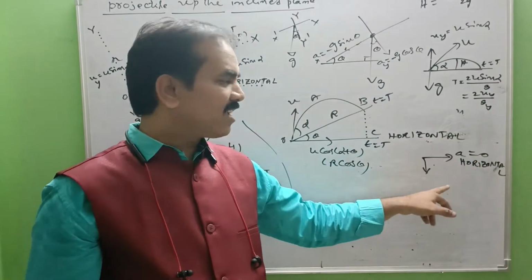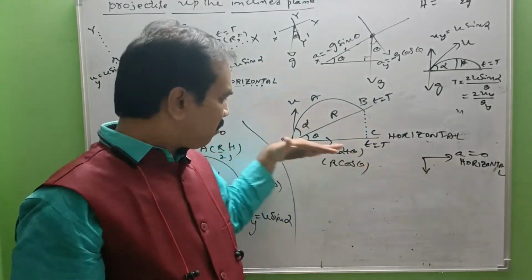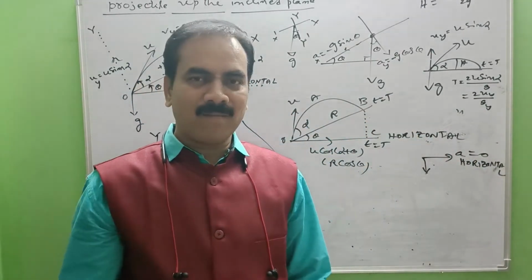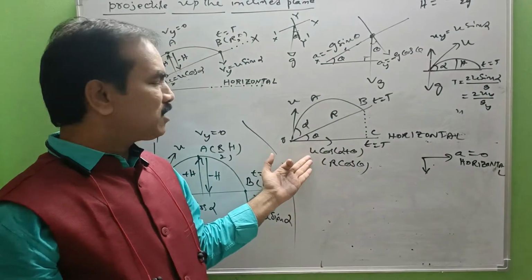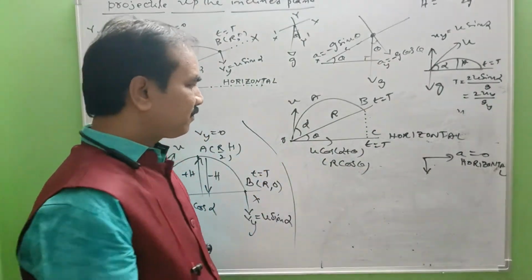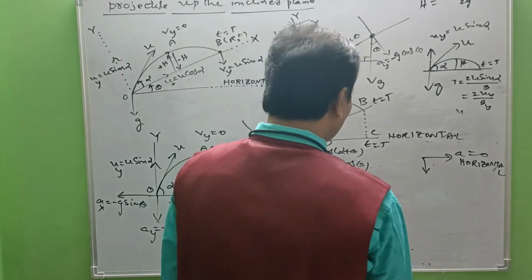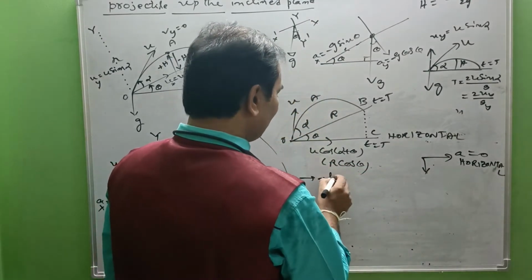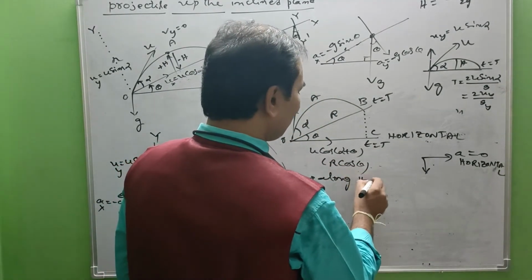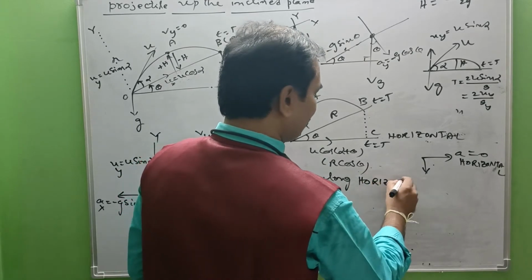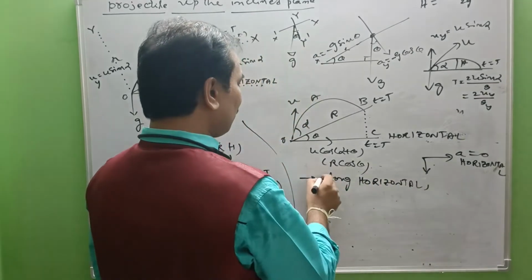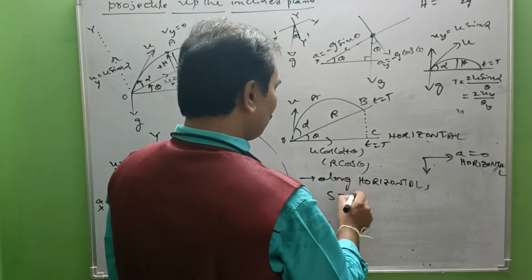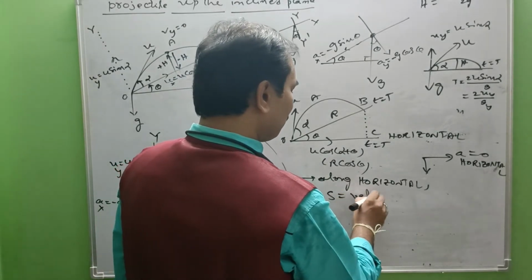So motion along horizontal is uniform. So simply take displacement equal to velocity into time. That's all. Along horizontal, displacement equals velocity into time.